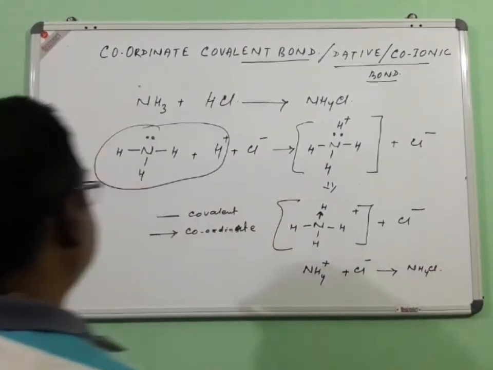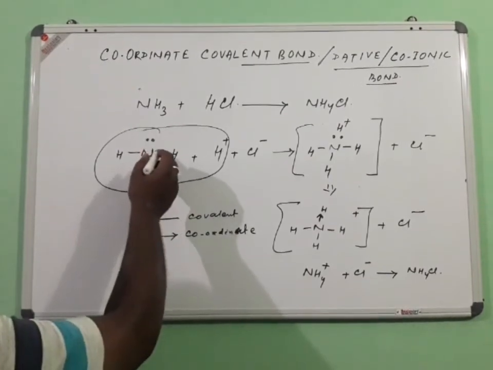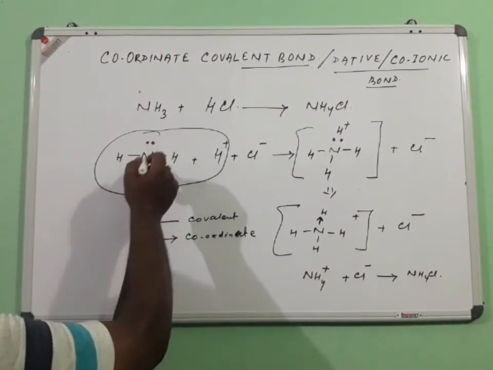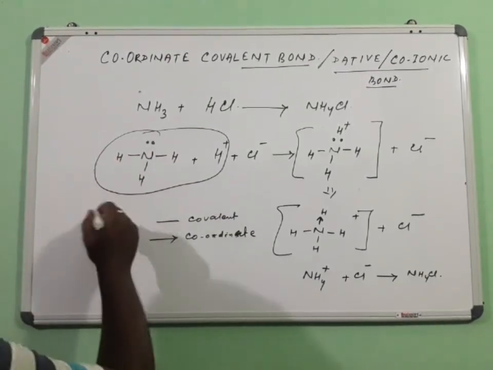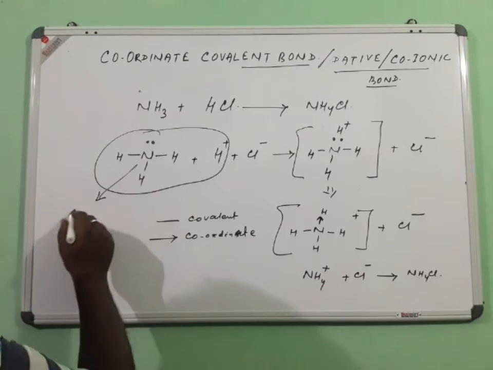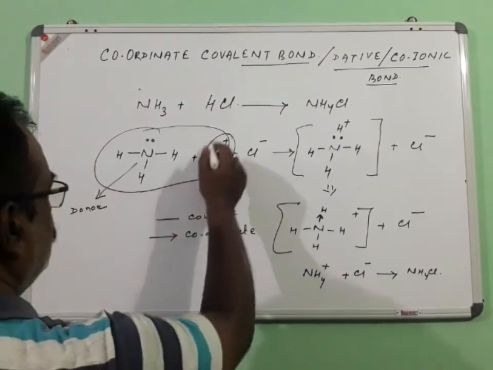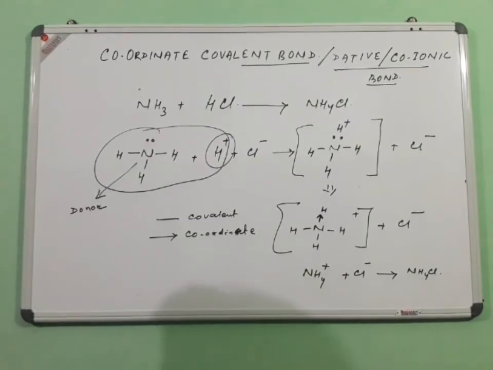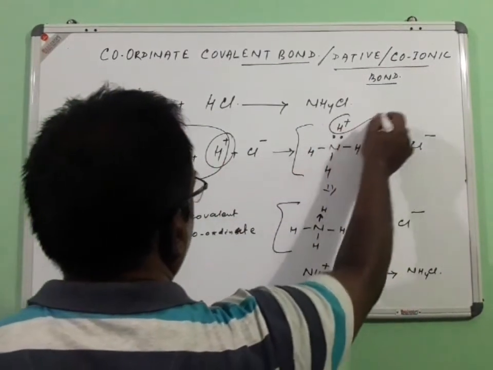Whoever is donating is said to be the donor. Here the unshared pair of electrons is entirely provided by ammonia, so it is called the donor. Whereas hydrogen, which accepts it, is considered the acceptor.